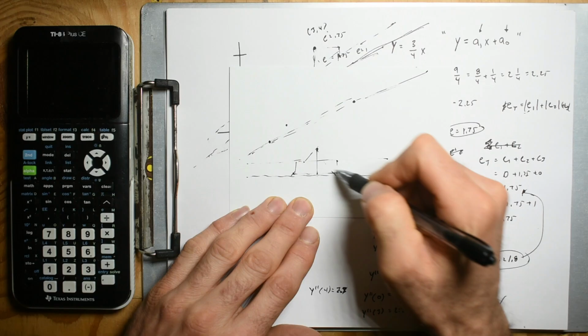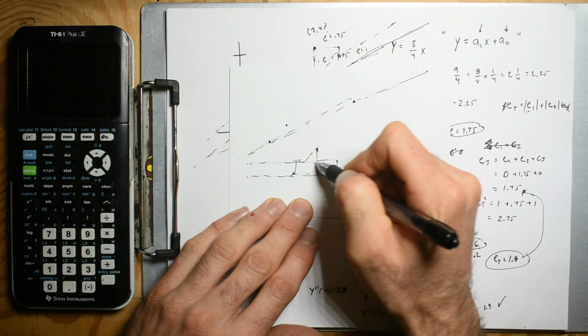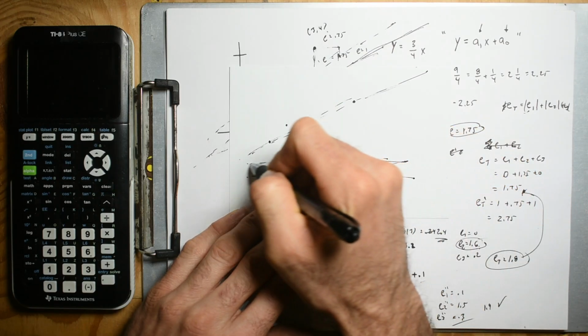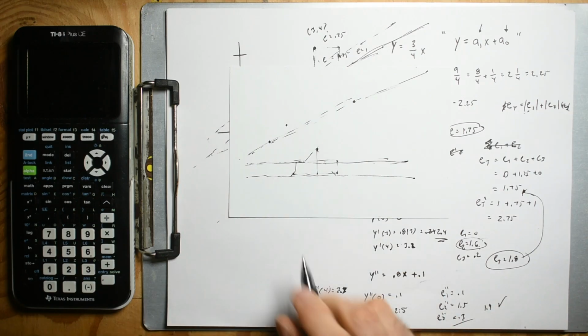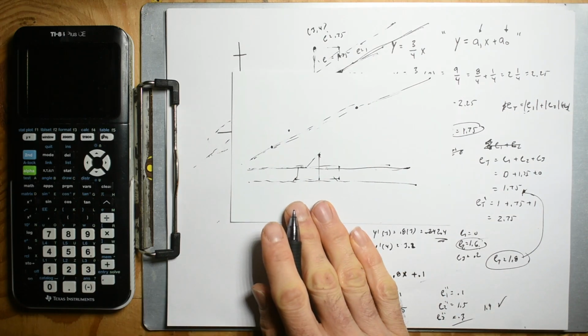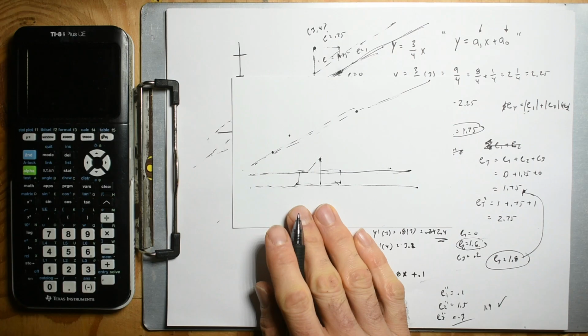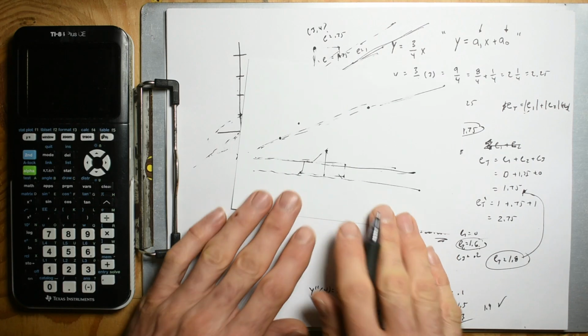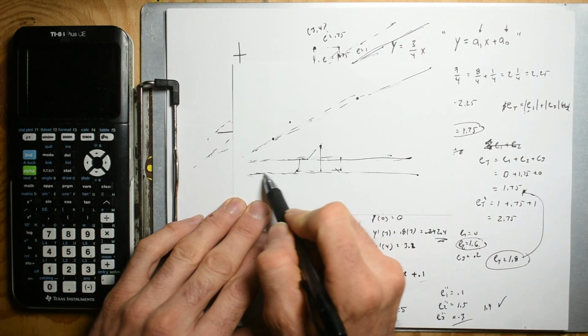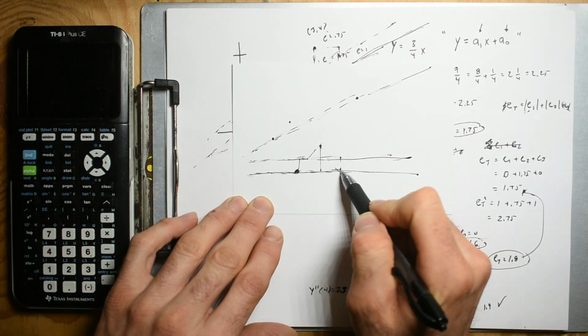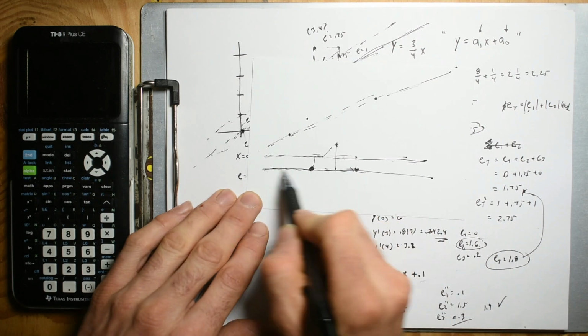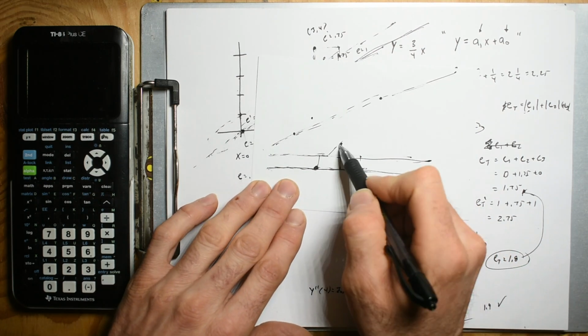Well, actually that line's the same. Oh, and you know what? Well, this is a bad example, because only if these two data points have a slope of 0.